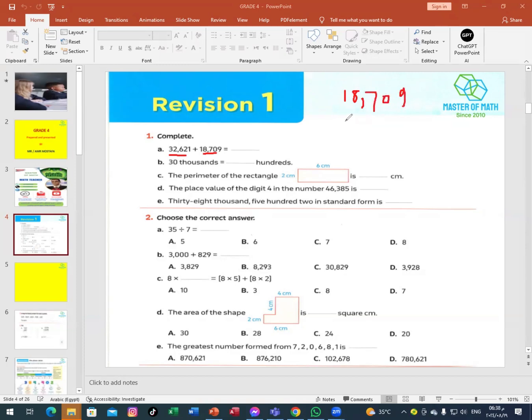18,709 plus 32,621. 9 plus 1 equal 10. I don't write all 10, but I write 0 and take 1 over. 1 plus 0 equal 1, and 1 plus 1 equal 2. 7 plus 6 equal, we put 7 in our mind and 6 on our fingers, and let's count.